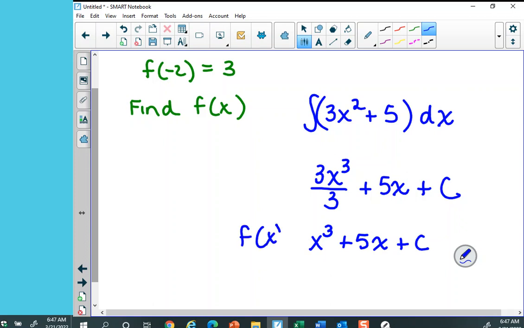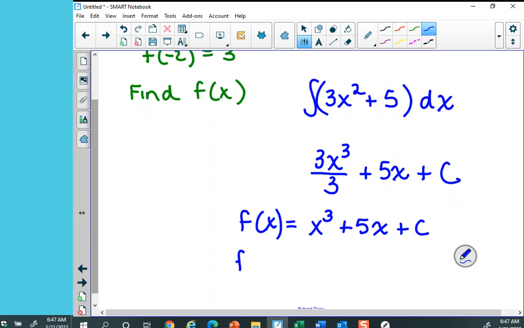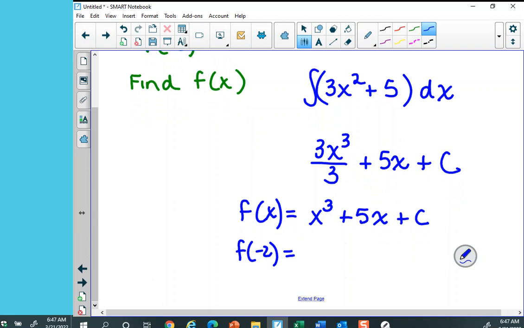There's my f of x. f of negative 2 equals 3. So f of negative 2 means negative 2 here, negative 2 here. Mystery question. And the result of that should be 3.